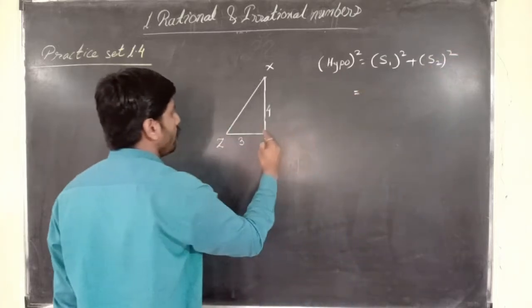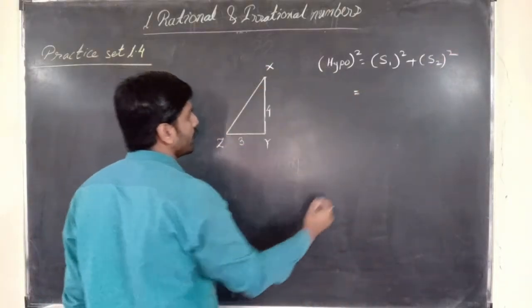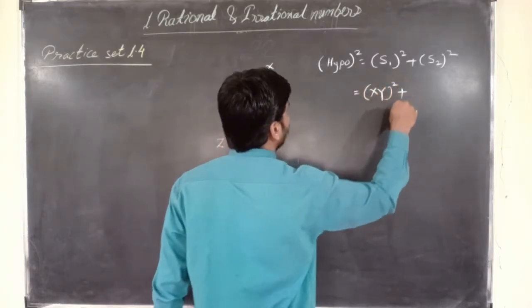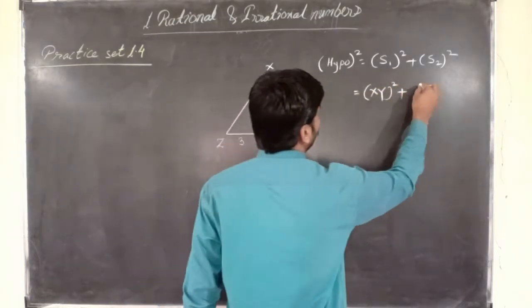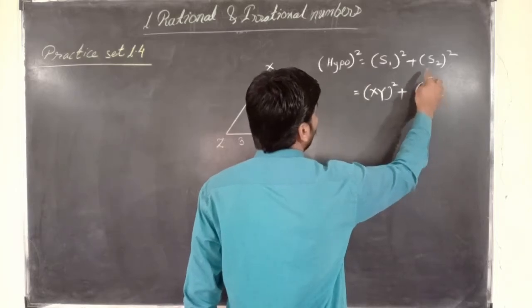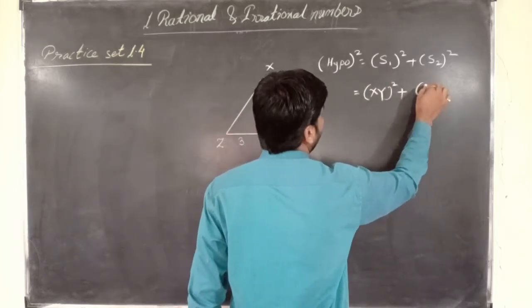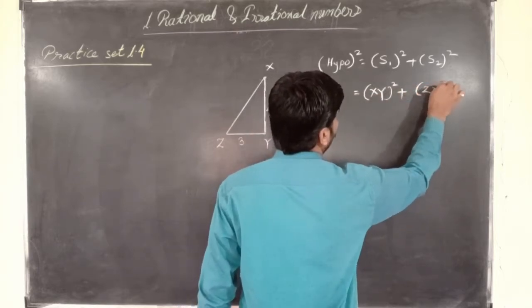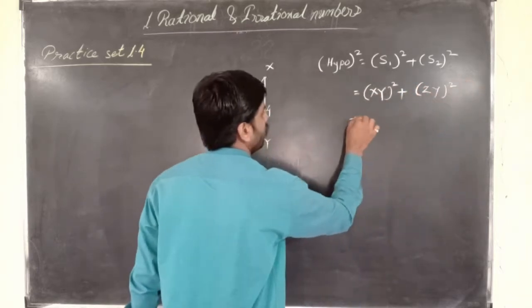We will consider this XY side as side 1. So we will write here XY square plus side 2 is 3, that is ZY. So we will write here ZY square.